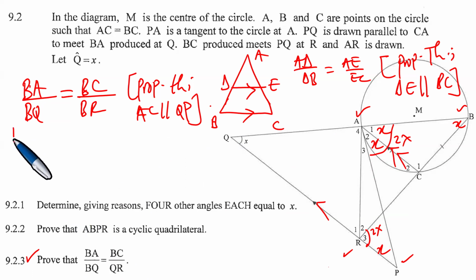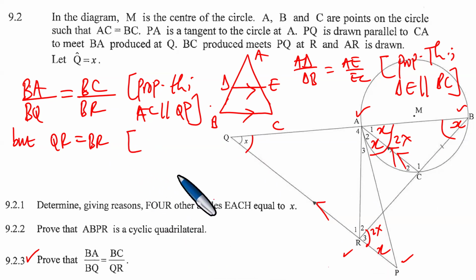Okay, but QR is equal to BR. Let's check that. Note that QR is equal to BR because of the base angles. This one is X and that one is X, so this triangle is isosceles.